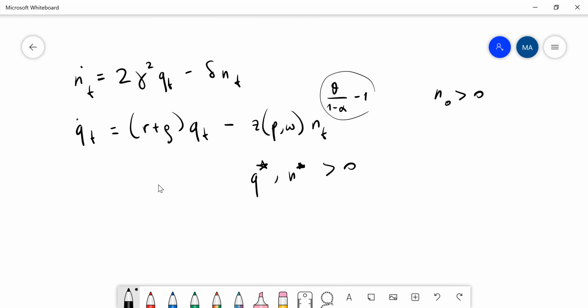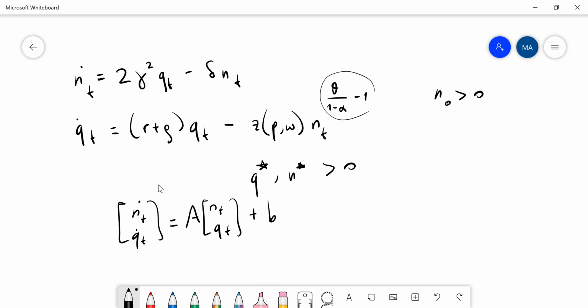Then linearizing the model, you can find the linearized version. Okay, q dot t. So you can find n dot t, q dot t equals some matrix times n t, q t plus some vector.